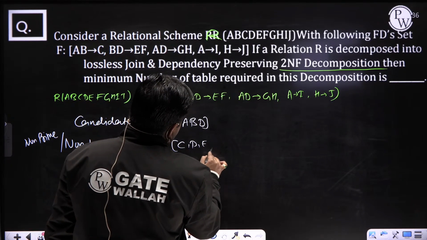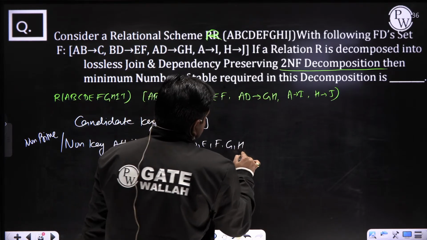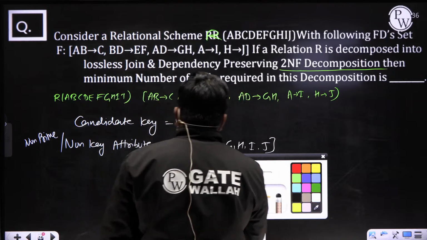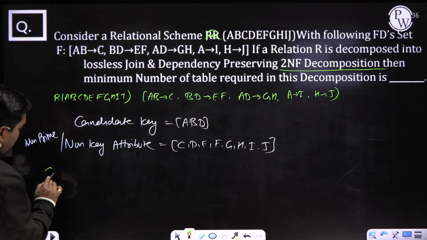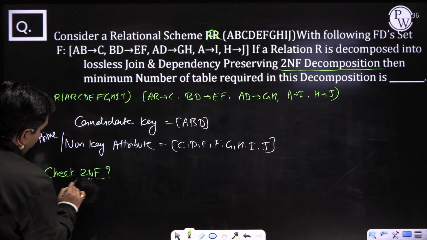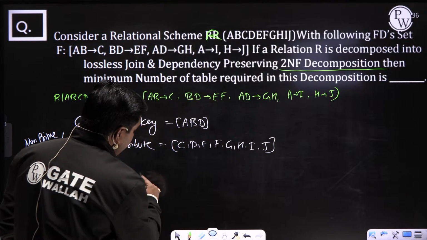C, D, E, F, G, H, I, J. These are the non-key attributes. Now for the 2NF decomposition, first of all check whether it is in 2NF or not. And how do we check?